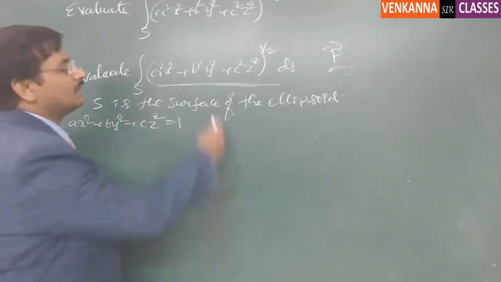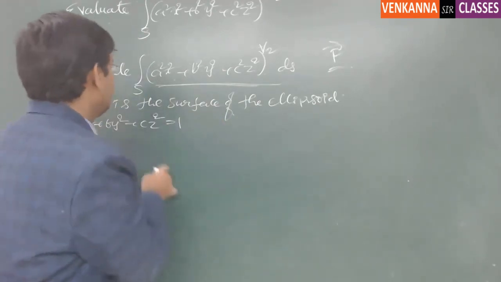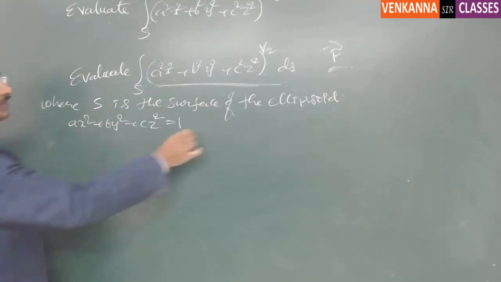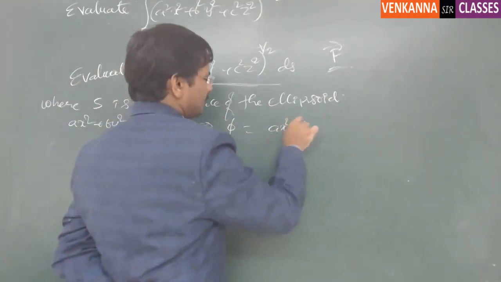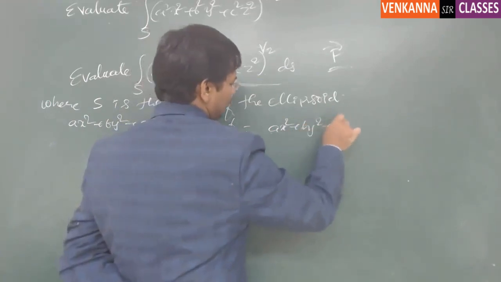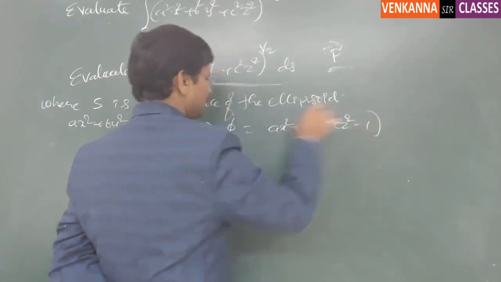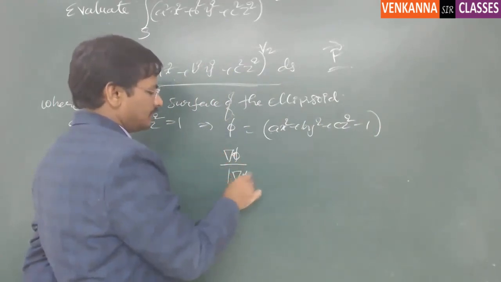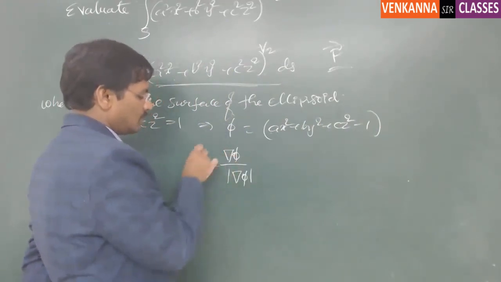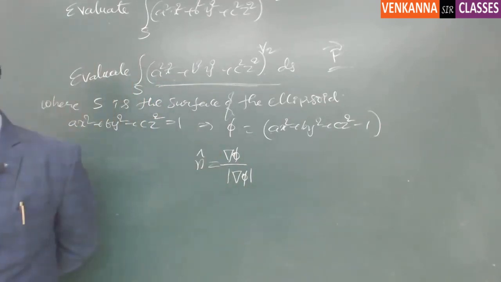Okay, so let me solve this. This is an ellipsoid he has given. So the function phi is equal to ax² + by² + cz² − 1. Now del phi by mod del phi is the unit normal vector n cap.